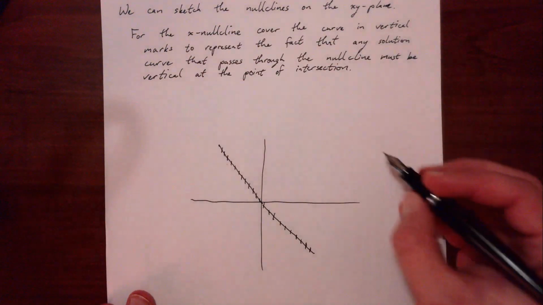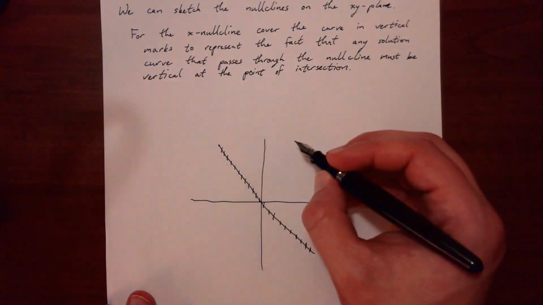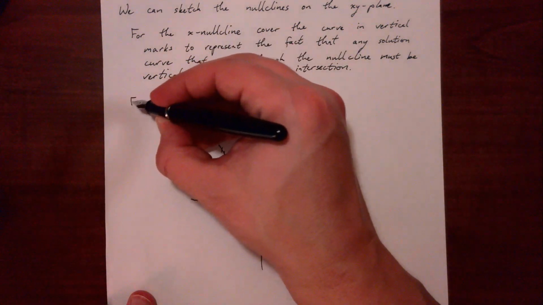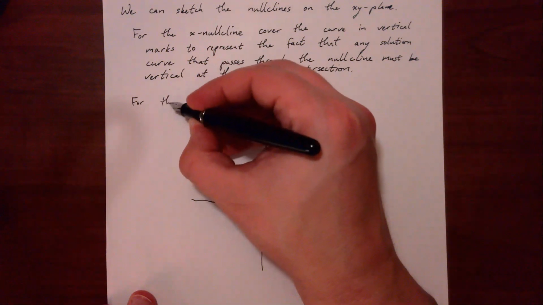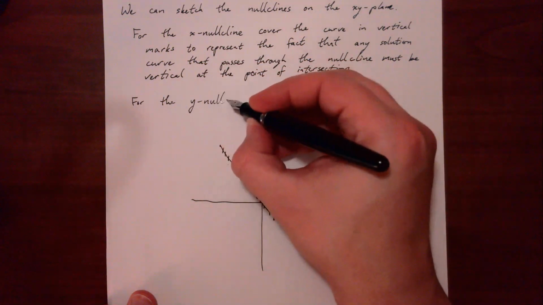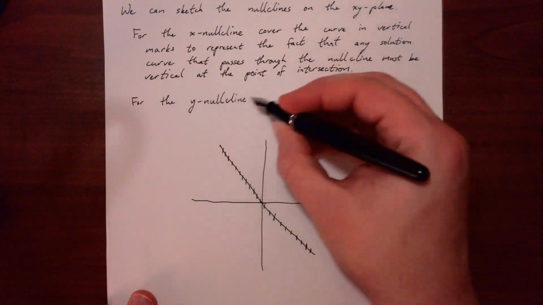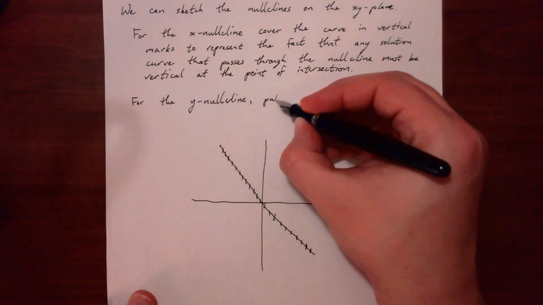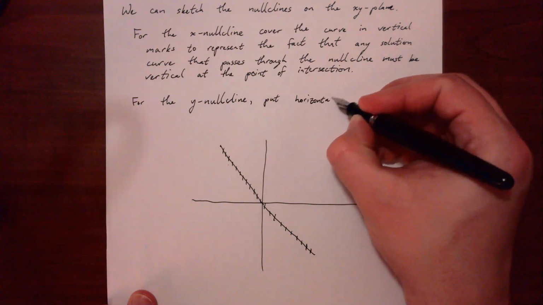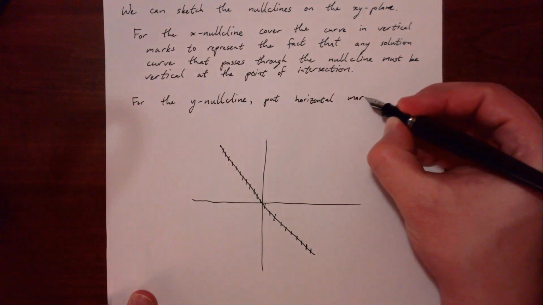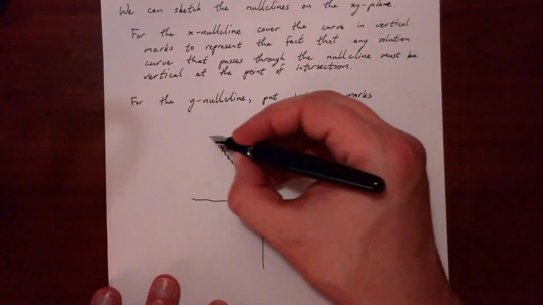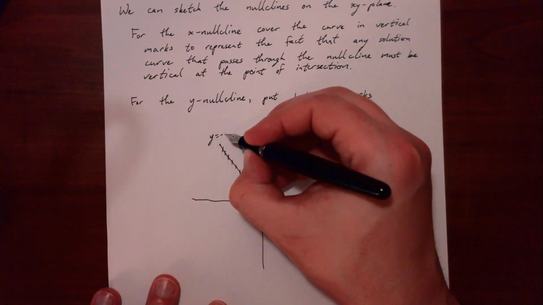And then for the y nullcline, do the same thing but horizontal. So put horizontal marks. So the y nullcline here, this was y equals negative x.